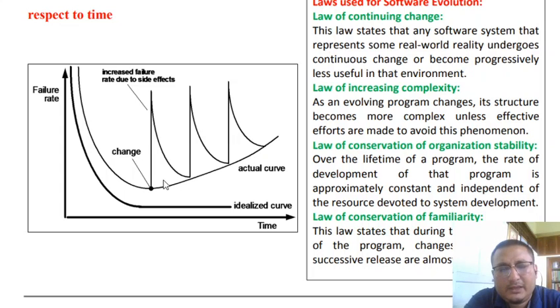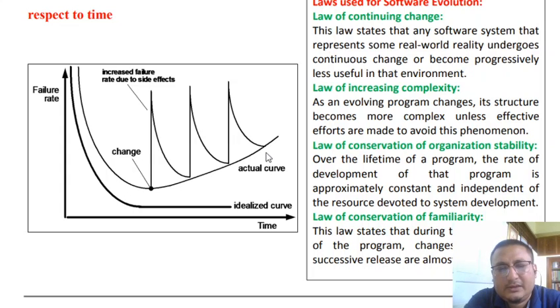So just see, as more and more changes are being introduced, continual structural transformation is being introduced to the software application, because of which the overall failure rate is increasing in nature. But it's not increasing abruptly, it is increasing gracefully. That's the reason why it's said that a software system gracefully degrades with respect to time. It gracefully degrades with respect to time.